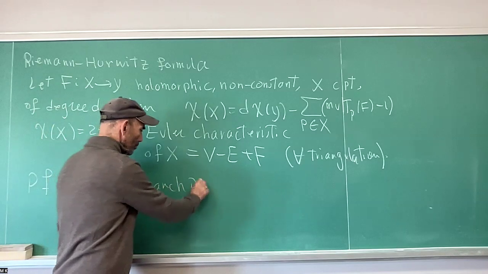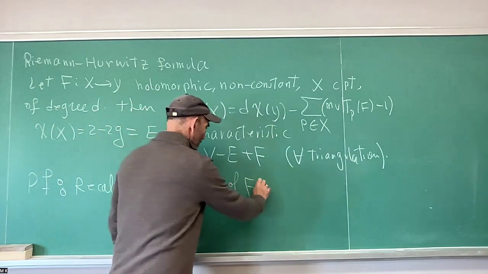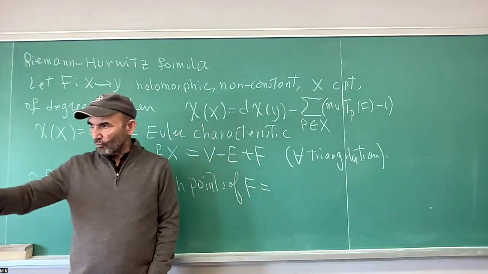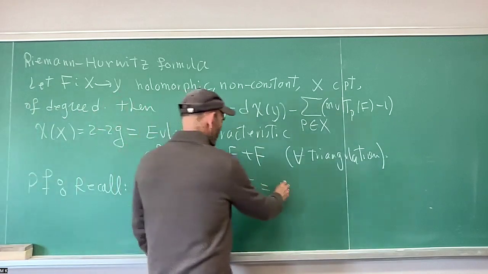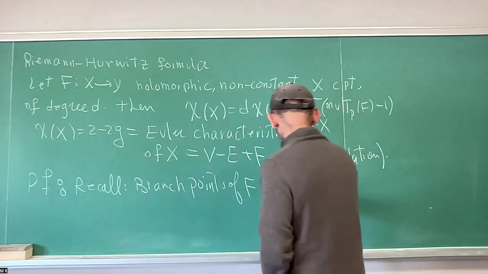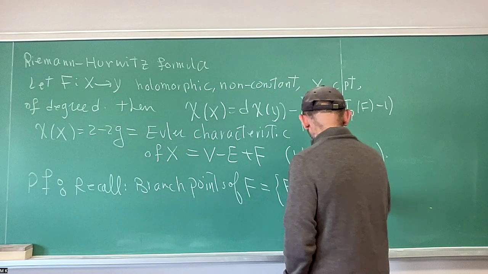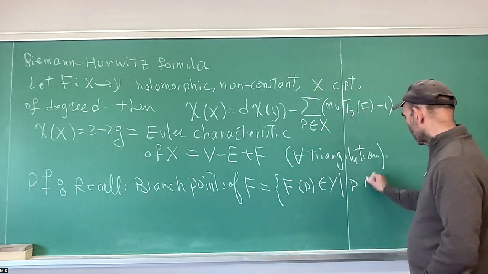Branch points of F are those points in the target Y which are images of ramification points, equal to the set of all F of P belonging to Y, such that P is a ramification point.